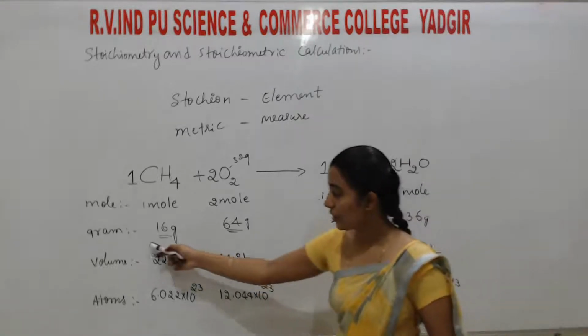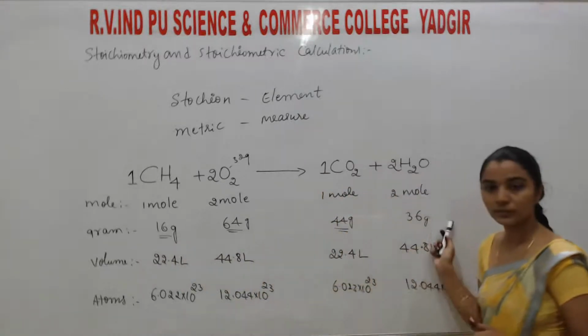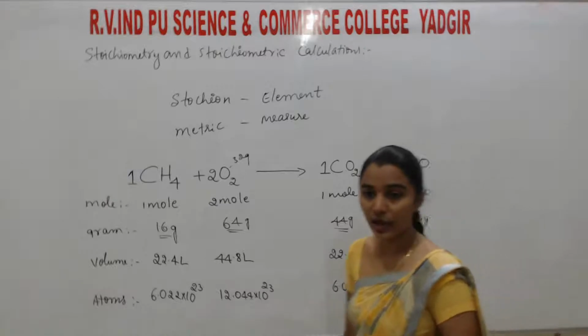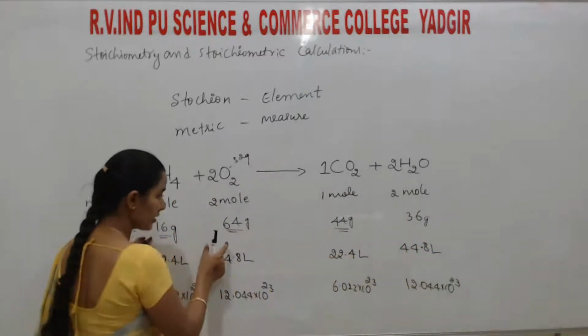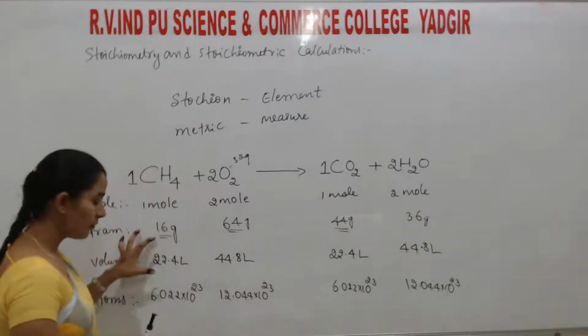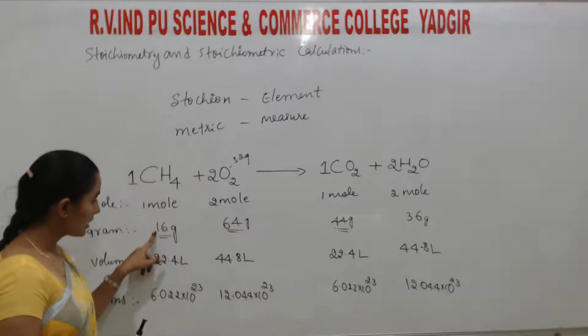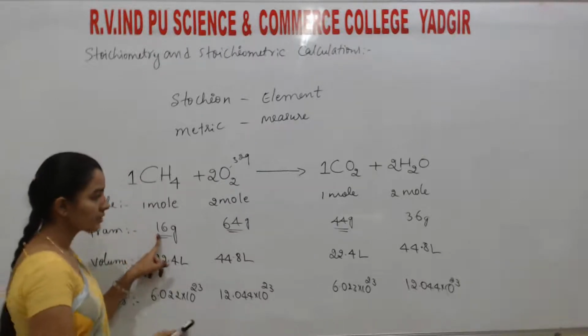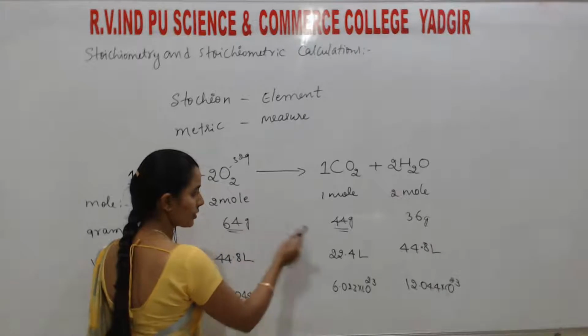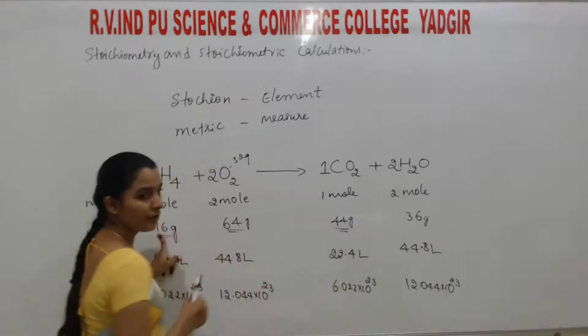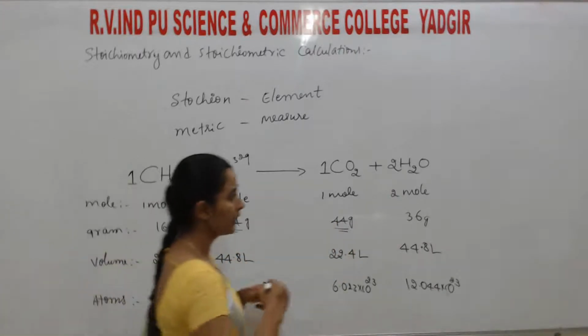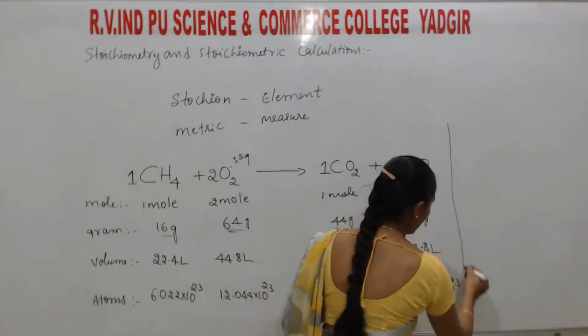So this is the main reaction. By comparing with this reaction, students, 16 gram of CH4 undergoes combustion and gives 44 gram of carbon dioxide. I'll write here, then you will easily understand.